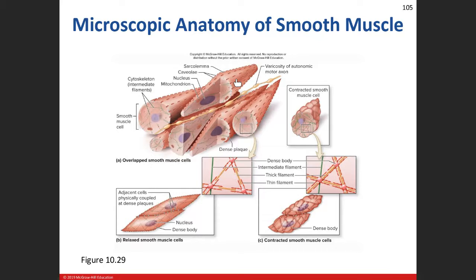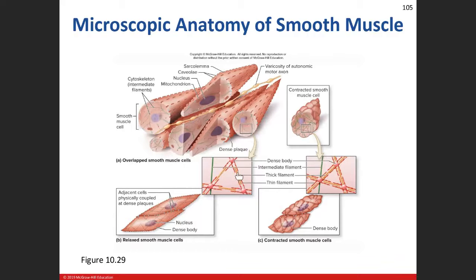But we have these structures here, if you look closely, this triangular-like configuration. And this is going to be kind of what our contractile unit is going to be made up of. We'll have our thick and thin filament, the actin and the myosin. So again, the myosin will be in the center, and then the actin will be more on the periphery on either side here.